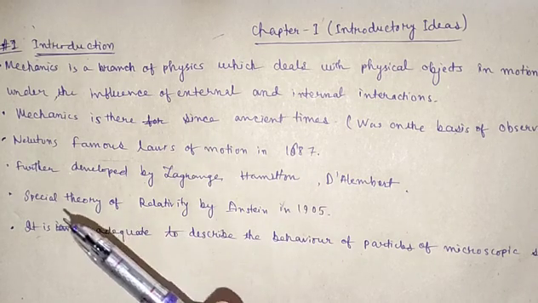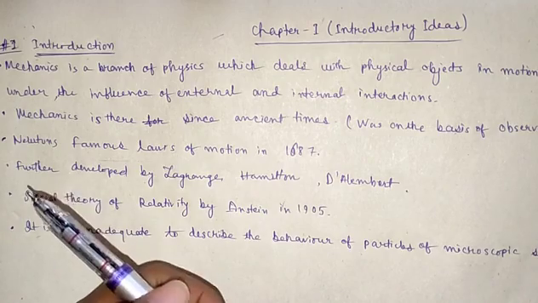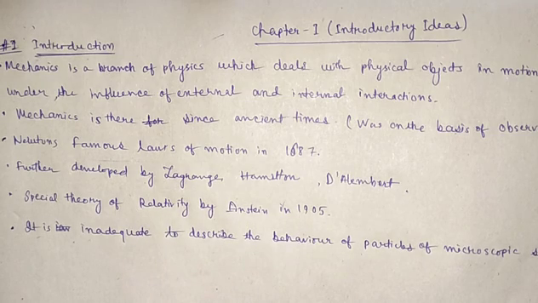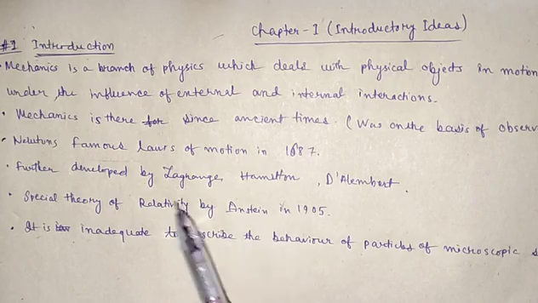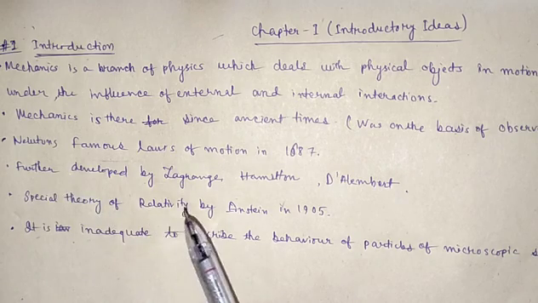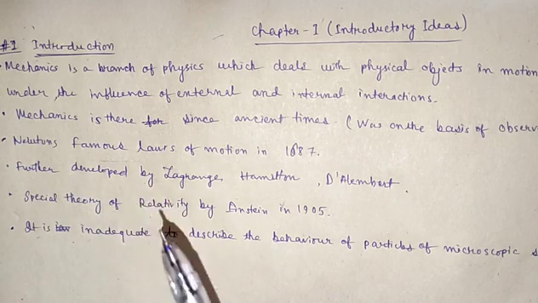After a long time of using all those theories, in 1905 a patent clerk named Einstein released his papers on the special theory of relativity, which changed the course of classical mechanics.